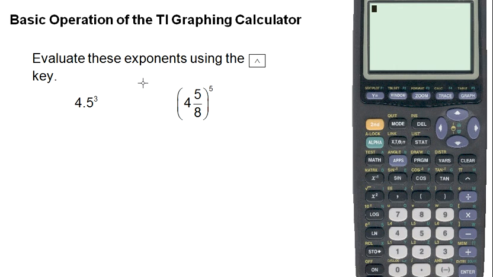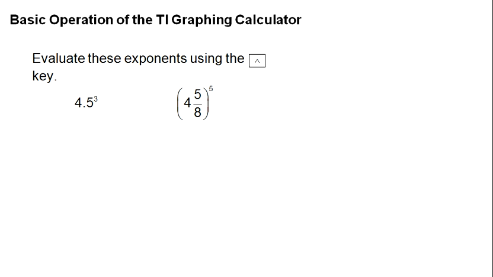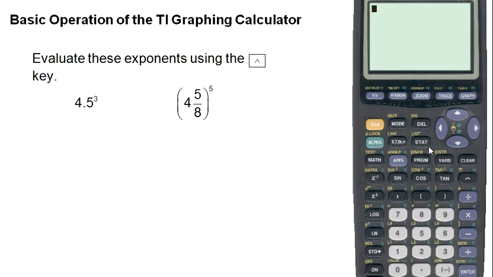To evaluate exponents that are bigger than 2, we use the caret key, which is located on the calculator above the divide sign and is shaped like an arrow pointing up. Alright, so to find the cube of 4.5, we would enter 4.5 and then we would hit the caret key and follow it by a 3.